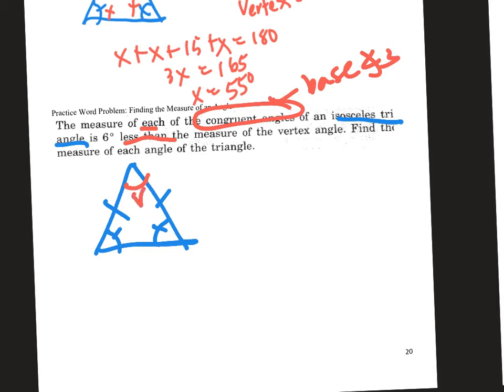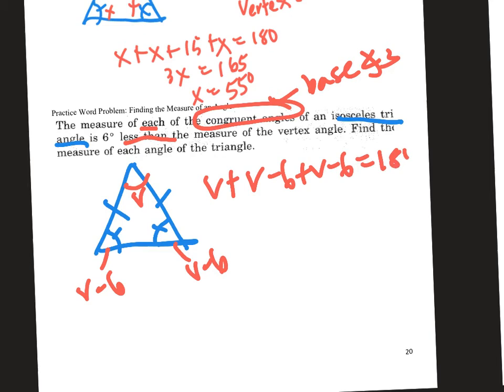Find the measure of each angle in the triangle. So I know that this is going to be 6 less than the measure of the vertex angle, so I can represent this with v minus 6. This is going to be the same, v minus 6, and my vertex angle is v. Triangle sum theorem, once again: v plus v minus 6 plus v minus 6 equals 180.